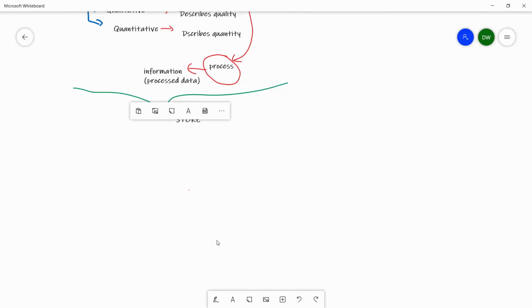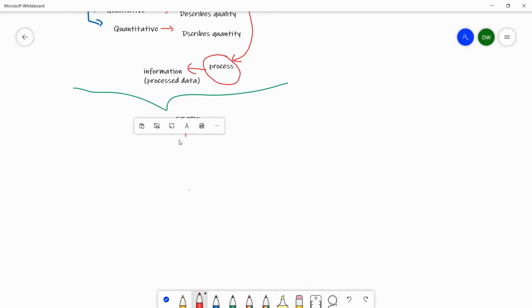So we have data and we want to store data, and let's talk about how to store this data, right? To store this data, we have a few options, right?